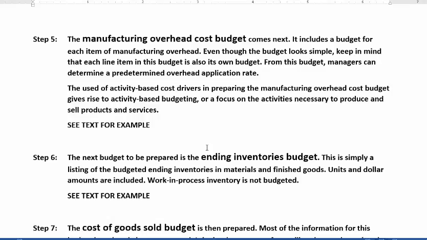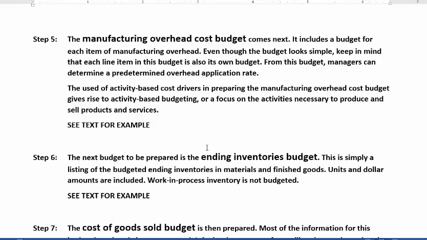Okay, what is the formula for the predetermined overhead application rate? We are going to take our estimated manufacturing overhead cost and we are going to divide it by the item that we are going to use in order to allocate that overhead.